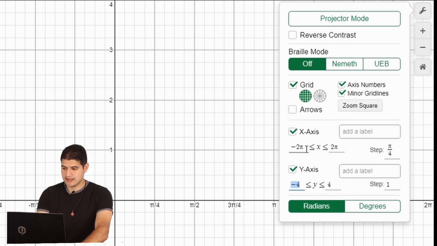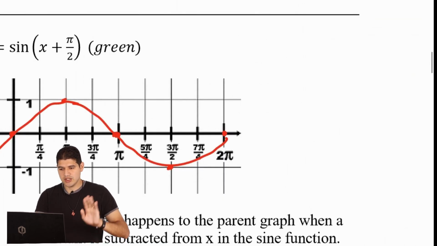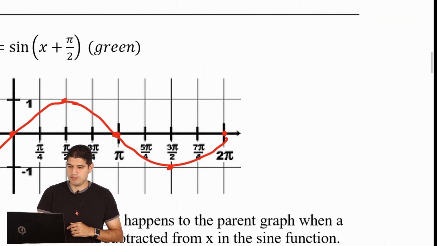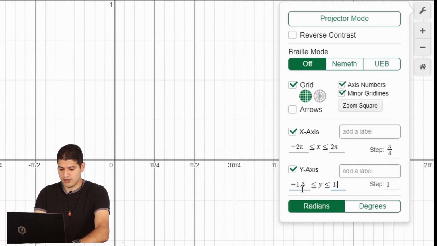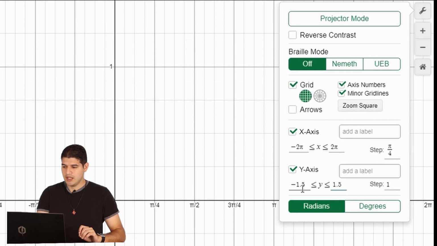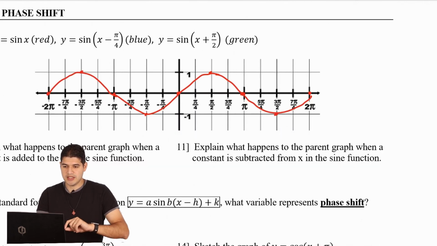Our y-axis is -1.5 to 1.5, and then we'll be good from there. So our first function in blue is sine of x minus pi over 4.